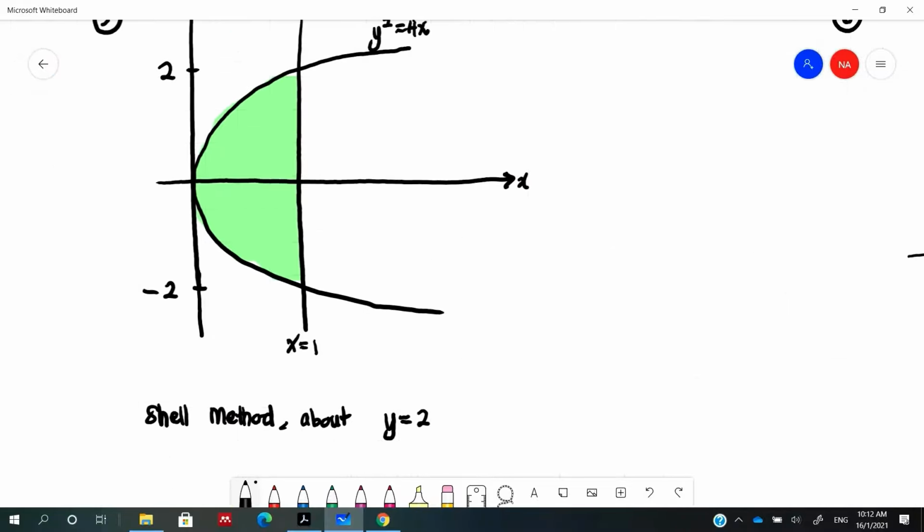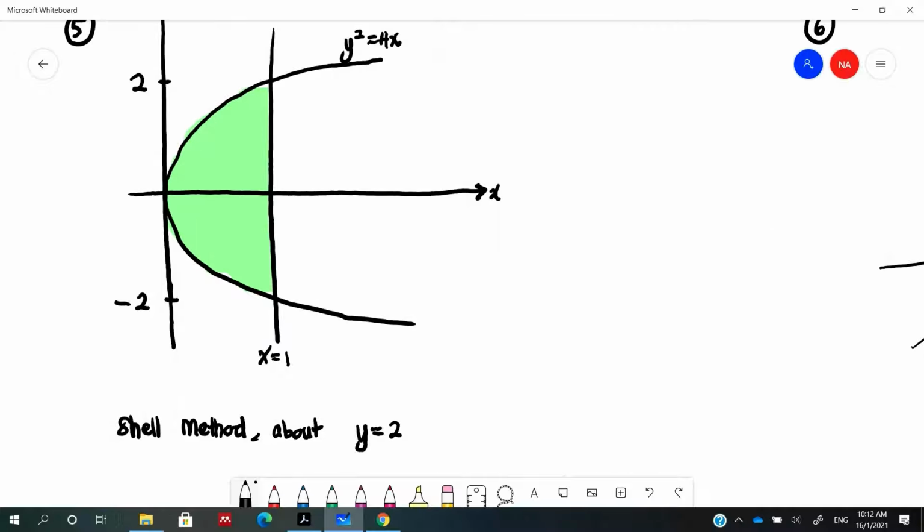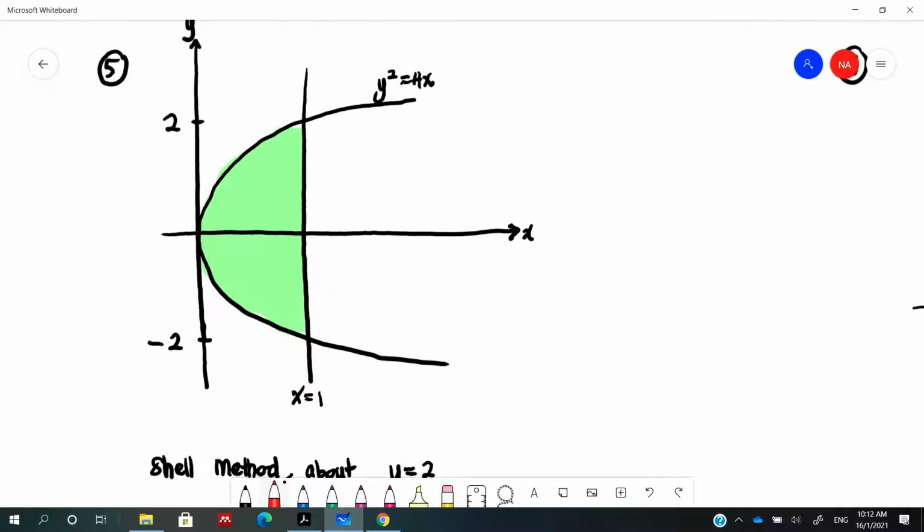Let's look at question number 5. All right, so we want to rotate about y equal to 2. This is the axis of rotation. So it is rotated about the horizontal line.